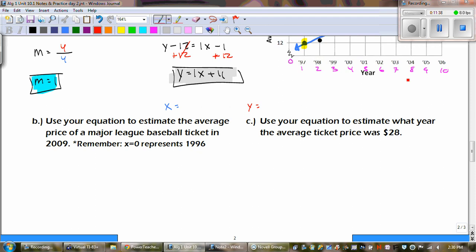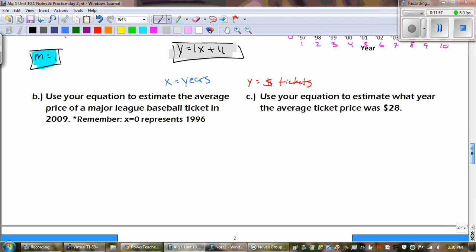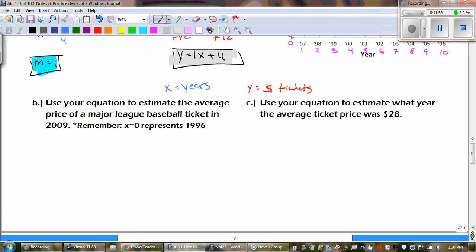Okay, so the x, your x-axis is horizontal. So our x is talking about the years. And the y, which is going up and down, your vertical, is talking about the price of the tickets. Okay, so use your equation to estimate the average price of a Major League Baseball ticket in 2009.